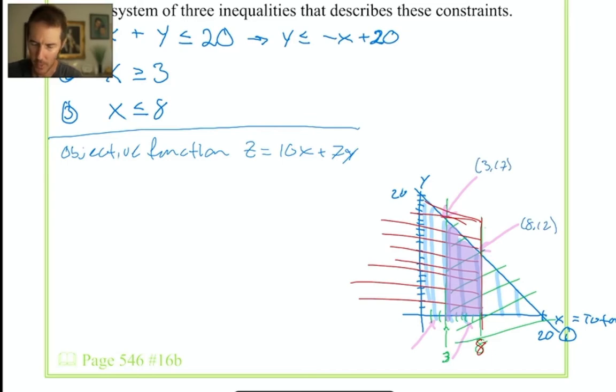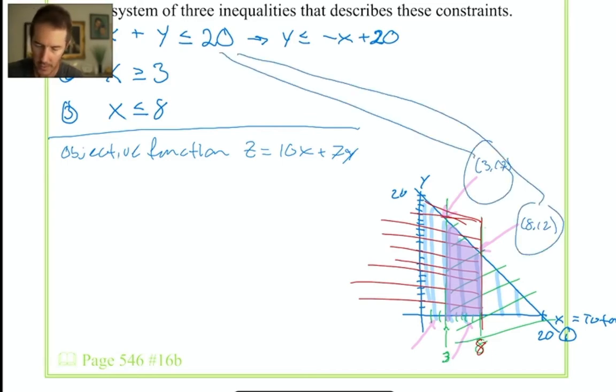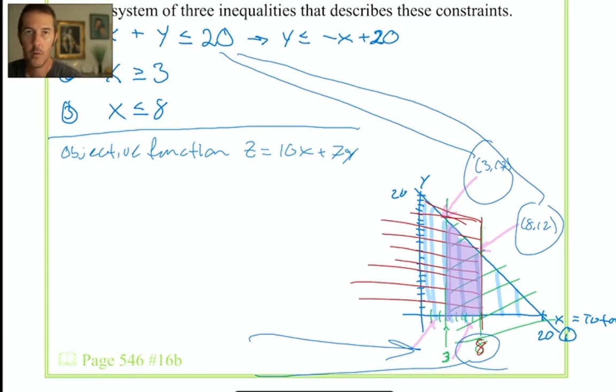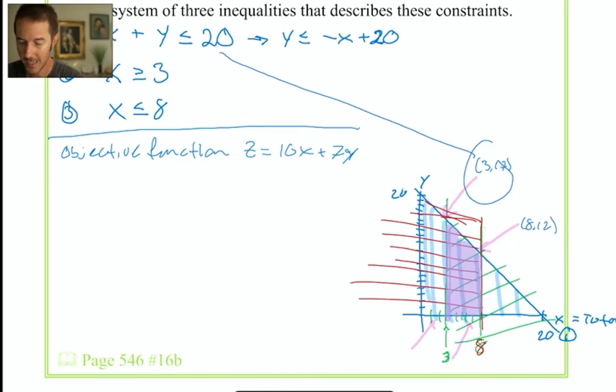How do I know that, by the way? Those two numbers add to 20. These two numbers add to 20. Where did I get the 3 from? How about here? Where did I get the 8 from? How about there? I've done a lot of these kinds of problems, so I know what to look for, but I want to highlight for you that if these equations were more complicated, you would have to be solving a system of equations in order to find that point of intersection, which turns out to be 3, 17.